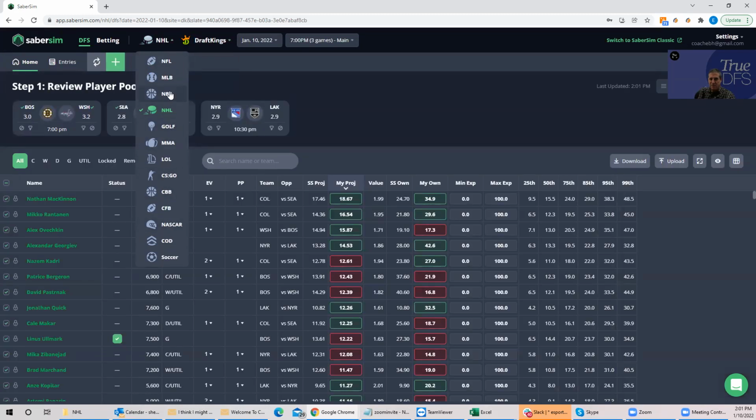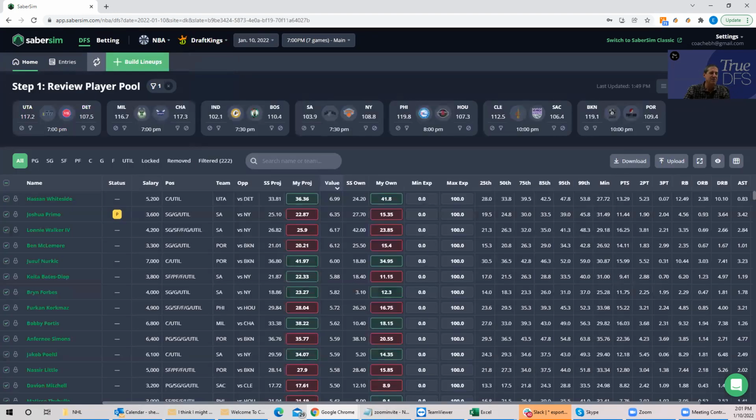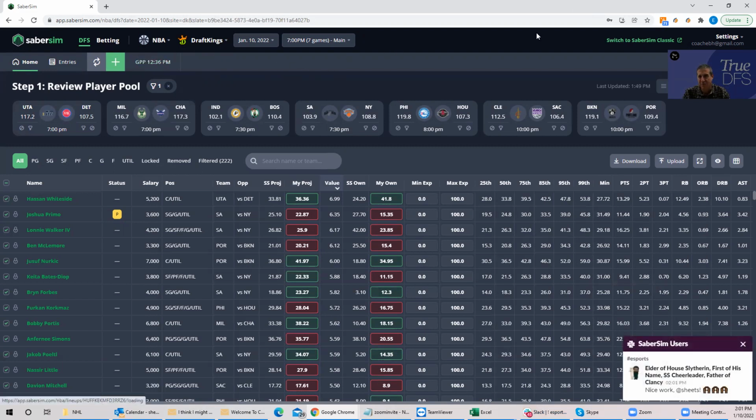Now, again, shout out to SaberSim. SaberSim is not just plugging in the medians. SaberSim is actually simulating the games based on a range of outcomes based on the median. So it's going to be a little more accurate for what we're trying to accomplish.